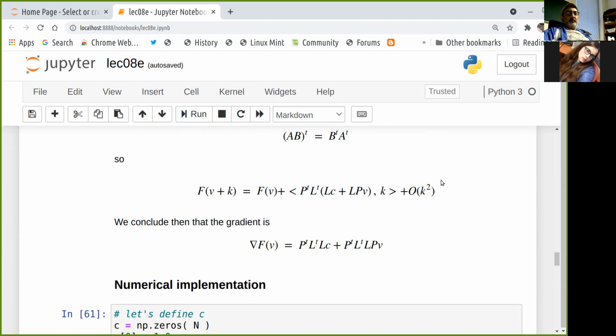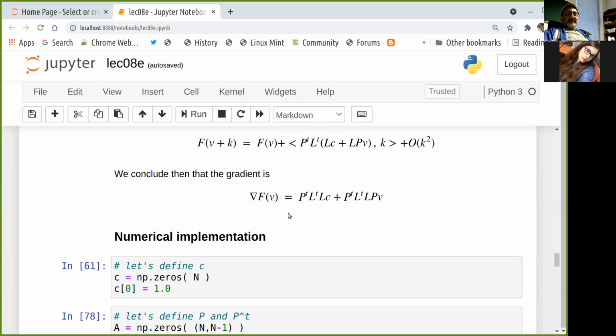Okay? So what would the Taylor series be? The Taylor series is f of v plus k is equal to f of v plus the inner product of the gradient with k plus order of k squared. So the gradient of f with respect to v is P transpose L transpose Lc plus P transpose L transpose LPv.